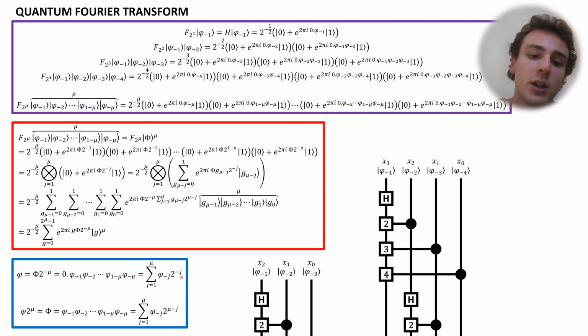And you can see this in summation notation over here, where we have an index going from j equals 1 up to mu. And the terms in this summation have the form phi sub minus j times 2 to the power of minus j. So in this format, we can see that the exponent up here matches the subscript.